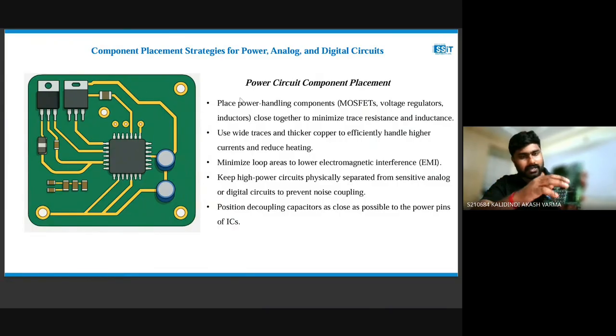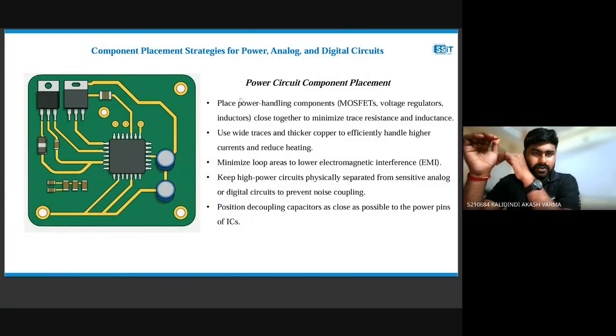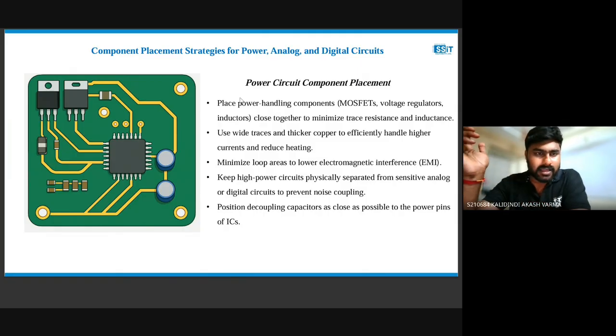Basically, we need to separate all the circuits into different placements. We need to separate the power circuit as a separate block, the analog circuit as a separate block, and digital as a separate block. Why should we take care about this separation? We will see in detail.